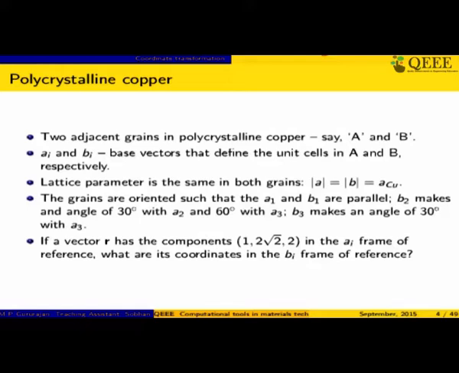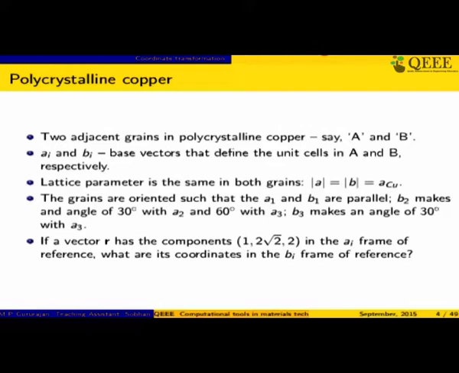So let us take the example of a copper polycrystal, and these crystallites which are oriented differently are known as grains. So let us consider 2 adjacent grains in polycrystalline copper. Let's call them A and B. This means you go to some sample and some region of this copper sample you will find that there are unit cells which are aligned in a particular fashion with respect to the external frame of reference.